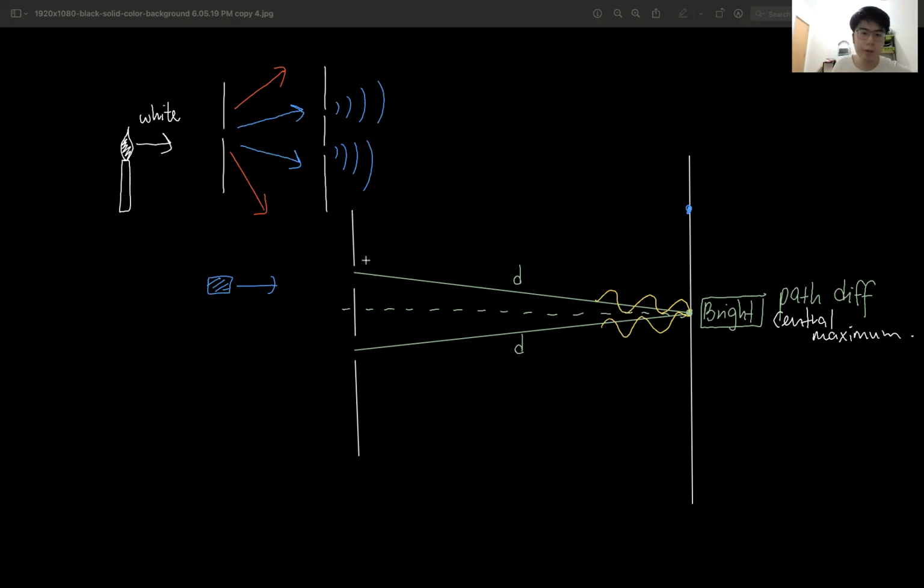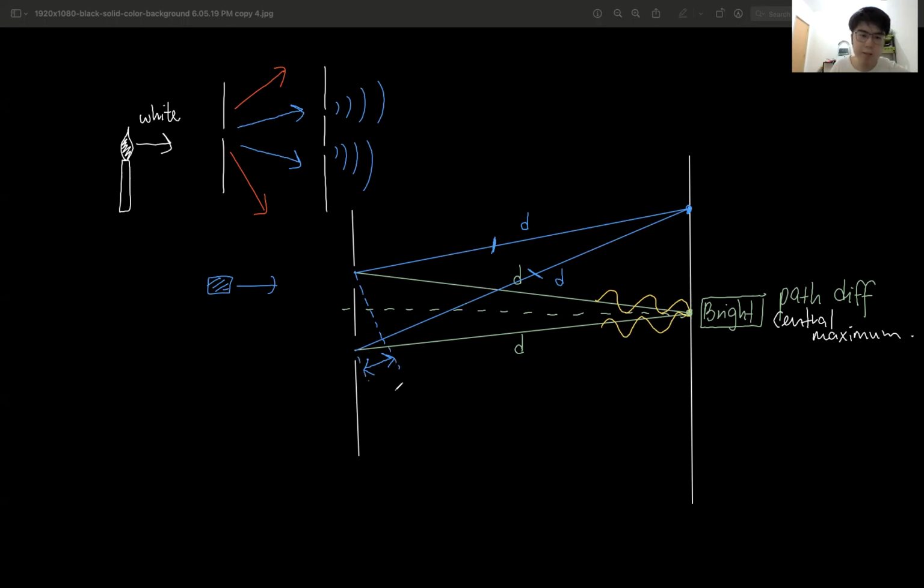If I draw the paths that the waves travel, one from here to here, and another one from here to here. The first one traveled this distance. The second one traveled a longer distance. So if I draw a line like this, this is an equilateral triangle, which means if this distance is the same as this one, then this is the extra length.